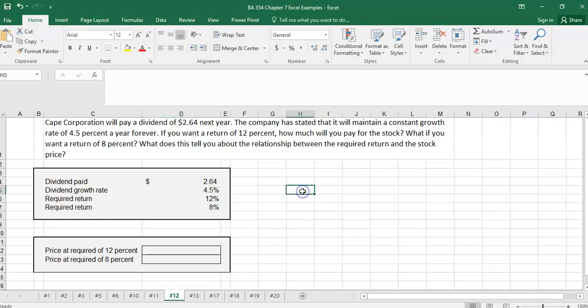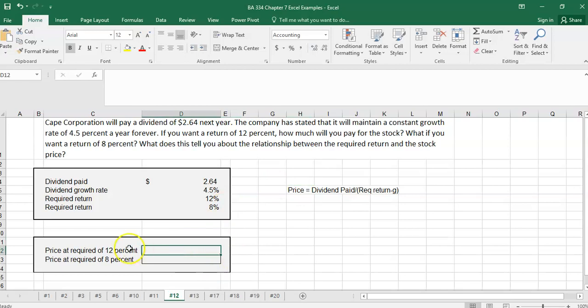So the price equals the dividend paid divided by the required rate of return minus the growth rate, or G. So R minus G. D divided by R minus G.